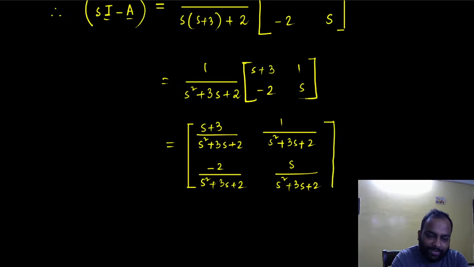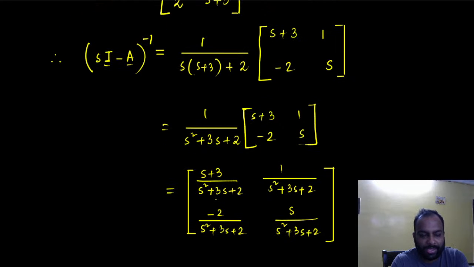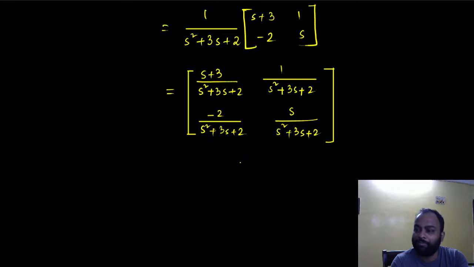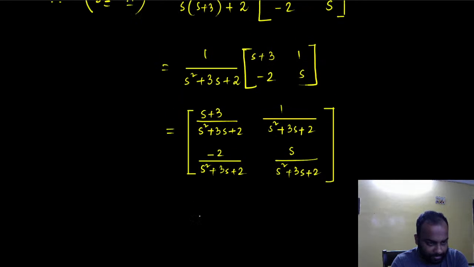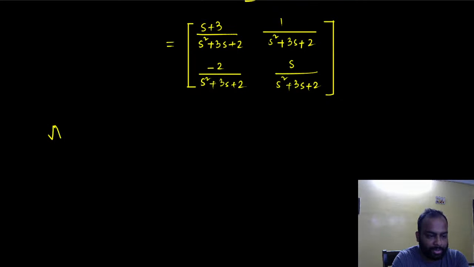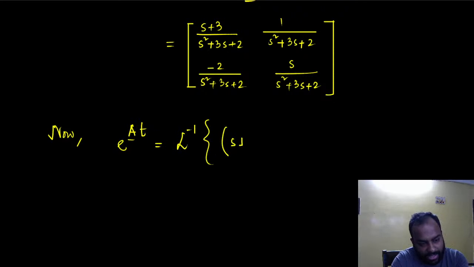Since you are going to use the Laplace transform technique, you now have to flex the muscles that you developed while doing Laplace transforms. The e to the power At that we are looking for is the inverse Laplace transform of (sI minus A) inverse.